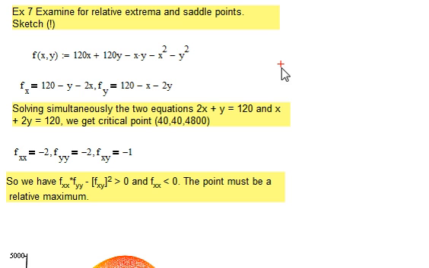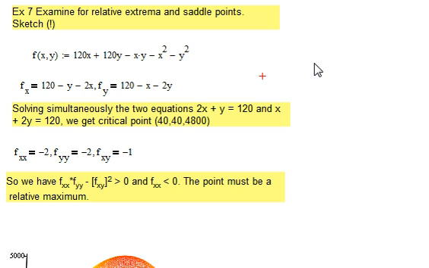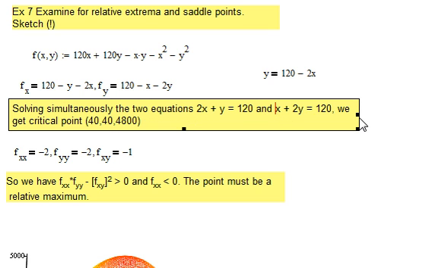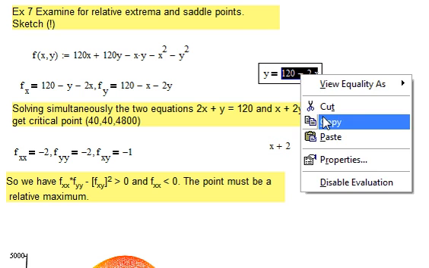I assume we know how to do that, but just in case you don't, an easy way would be to solve this equation for y. y equals 120 minus 2x, and then put that into the other equation, x plus 2y equals 120. So if y equals this, then we'd have x plus 2 times 120 minus 2x.